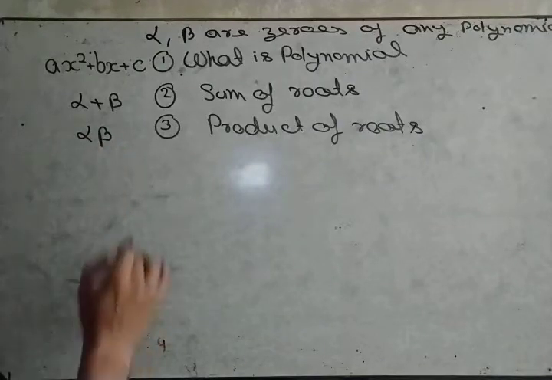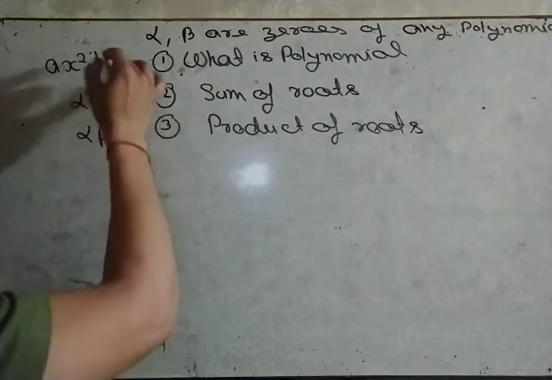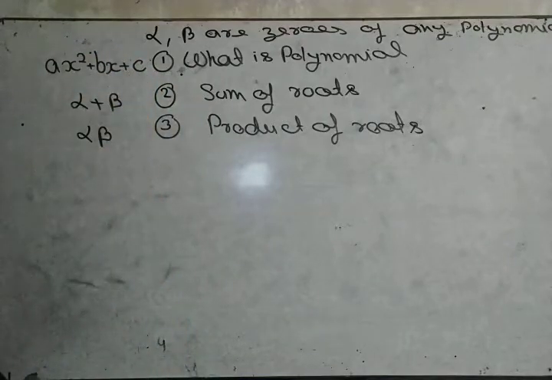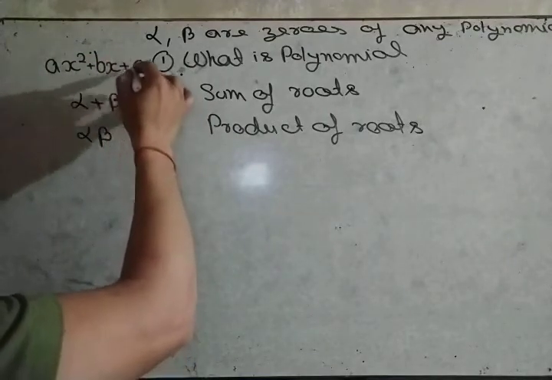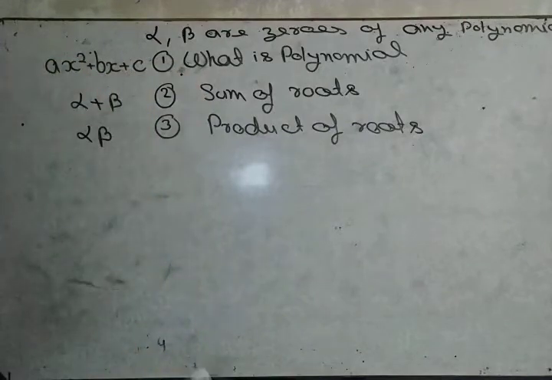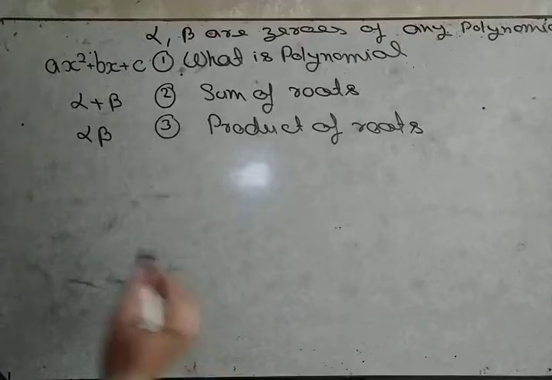Since alpha and beta are the roots of this equation, there should be a relation between alpha and beta and this polynomial. So what is the relation?